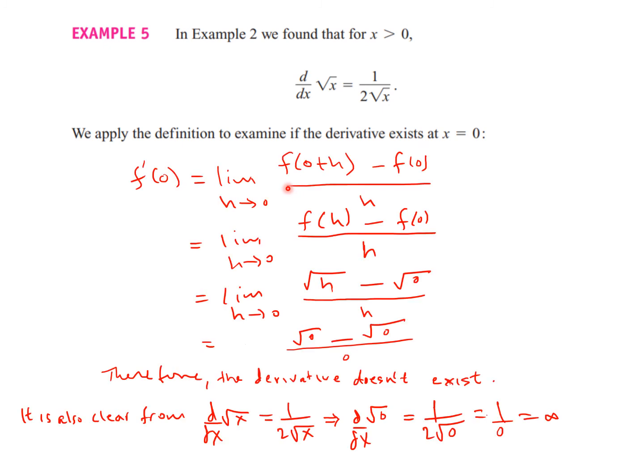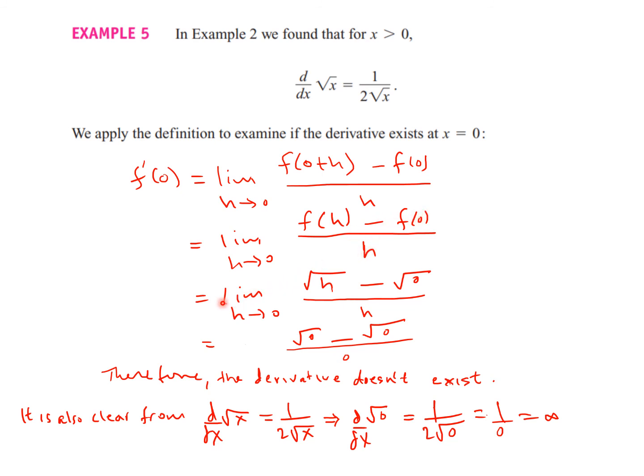To do so, let's start with f prime of 0 equals the limit as h goes to 0 of f of 0 plus h minus f of 0 divided by h. This is equal to the limit as h goes to 0 of f of h minus f of 0 divided by h.